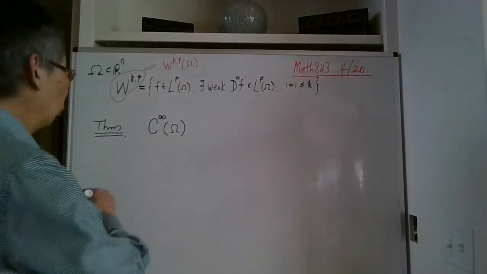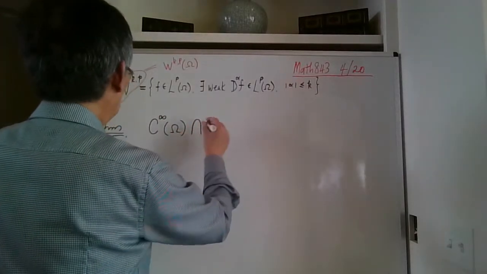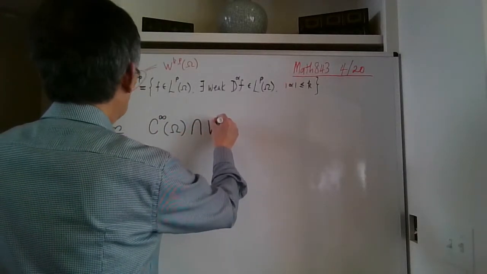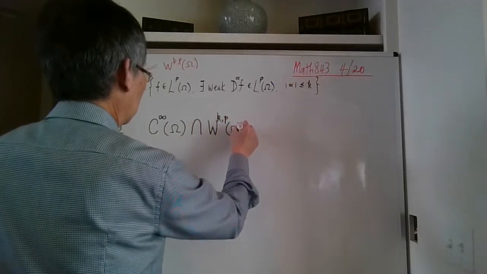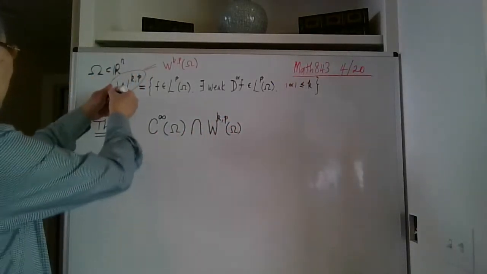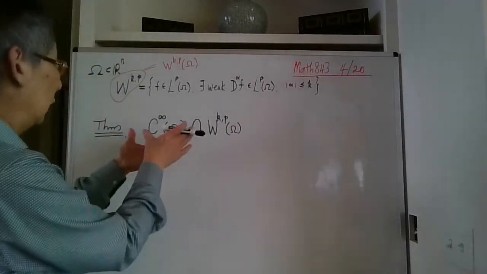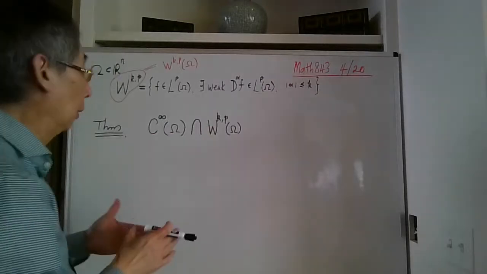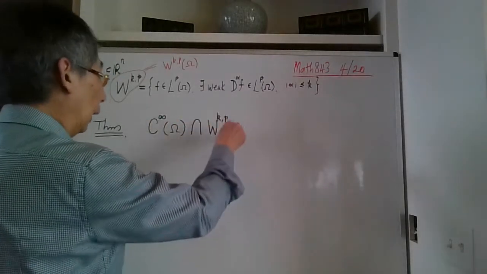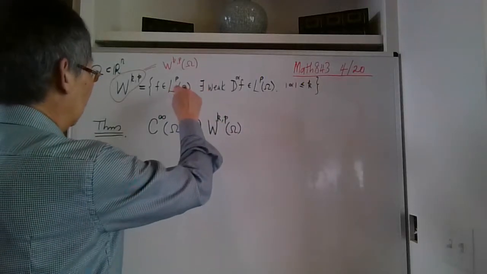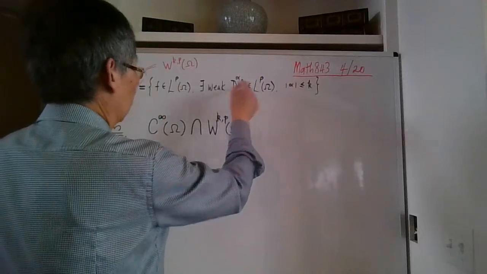So what we really want is the intersection with W^{k,p}. So we think about all the C infinity functions inside the space. So this may be a very small set, but it is a very nice set because the function will be in LP, and the weak derivative is going to be LP.